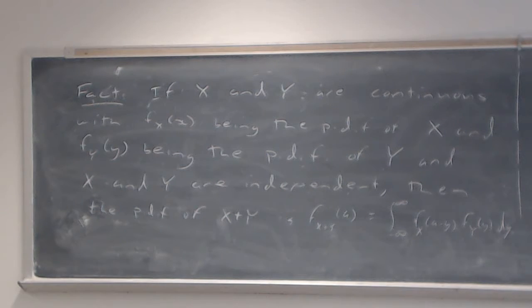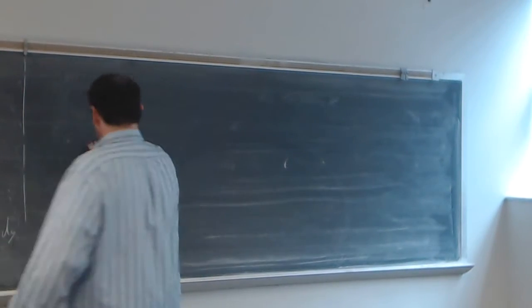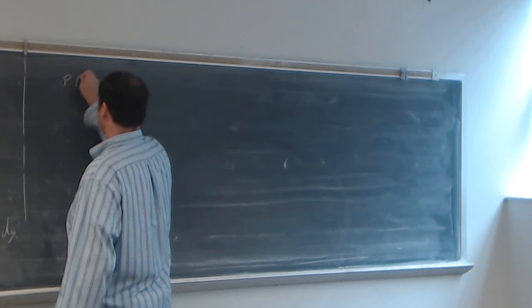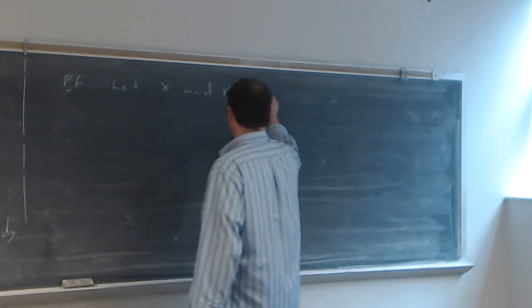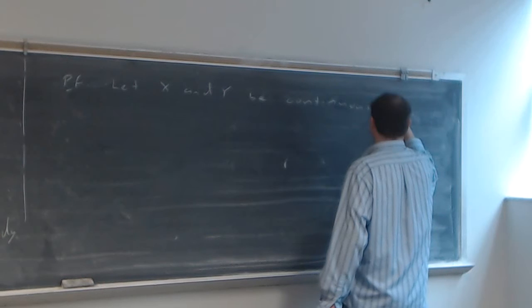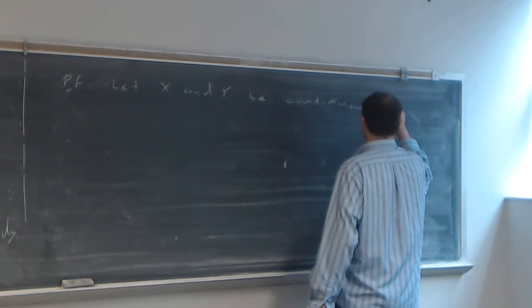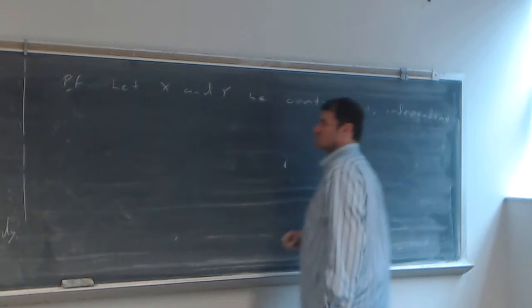Okay, so we're thinking of x plus y as just a random variable. And so here's how we're going to put it. The proof. Let x and y be continuous independent random variables.